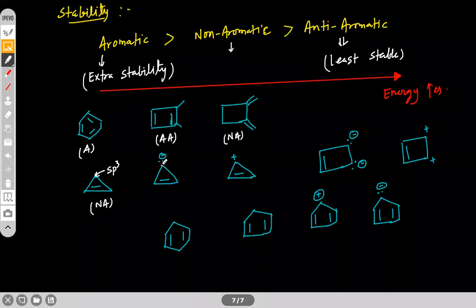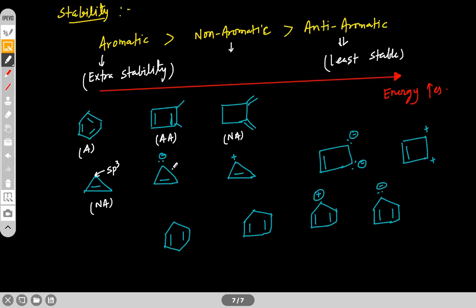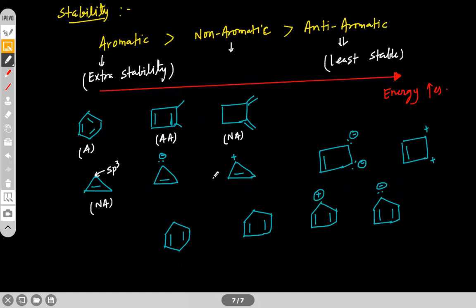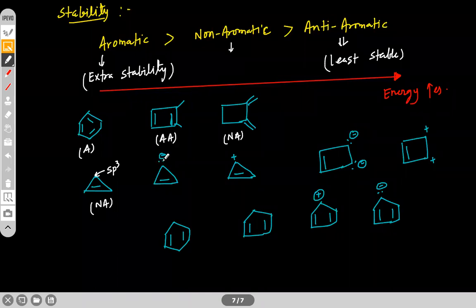Here the carbon has one lone pair. The system is conjugated, correct? Pi, sigma, lone pair. The system is conjugated, and we already have a ring system. For the number of pi electrons, this lone pair we also count into the pi electrons. So one pair of electrons here, one pair here, 4 pairs of electrons, it is anti-aromatic. This one has a positive charge. The system is conjugated, but here we do not have any lone pair, only one positive charge.